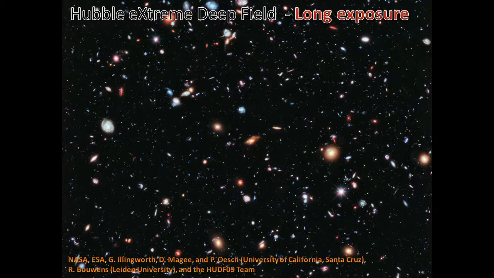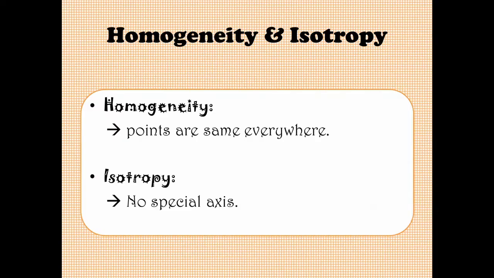So, in the last lesson, we saw our universe was smooth. From our observations, we can infer two properties of our universe: homogeneity and isotropy. Homogeneity means that every point in our universe looks the same as the other points, or there are no reference points or spatial locations.